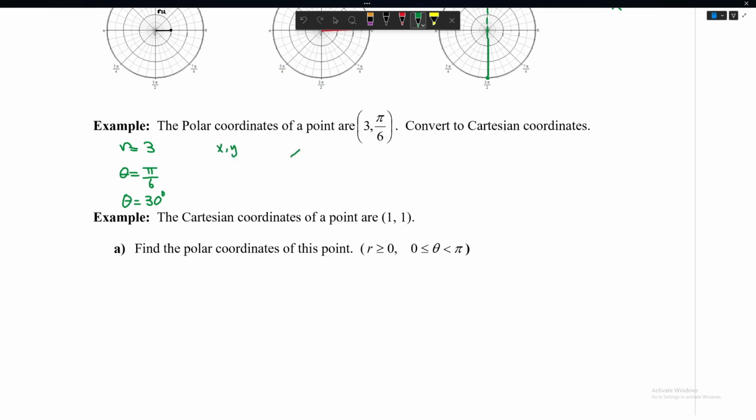And so you can draw your triangle. And then this is your r. And this is your 30 degrees. Now you can find me my y and my x.